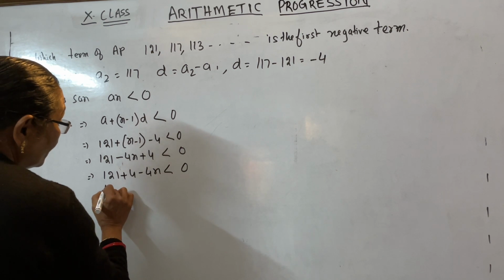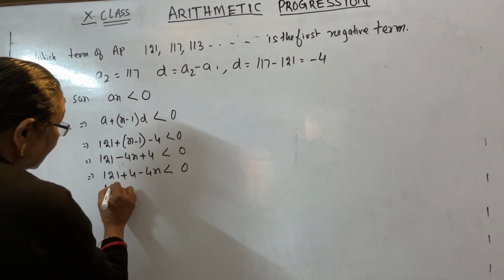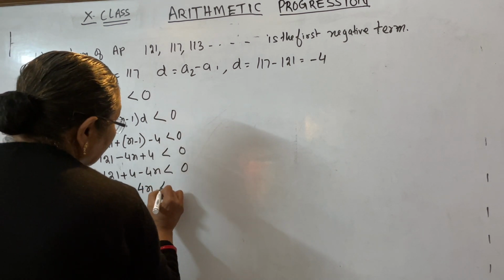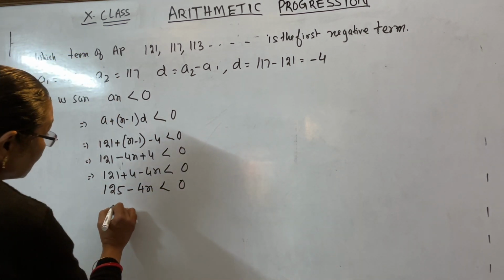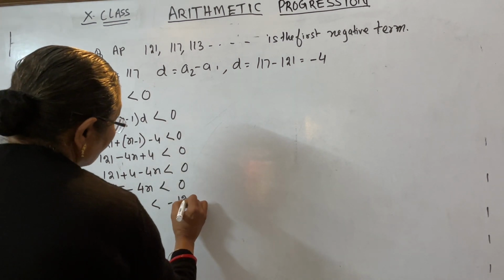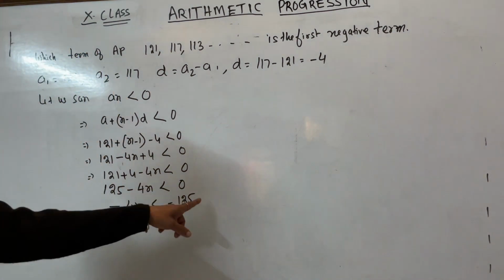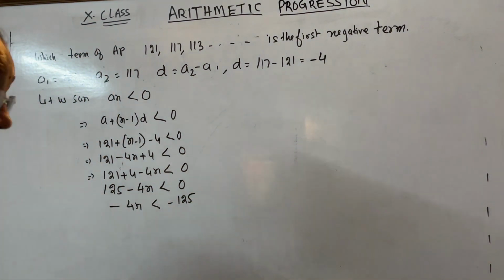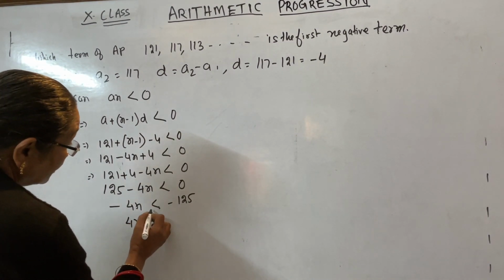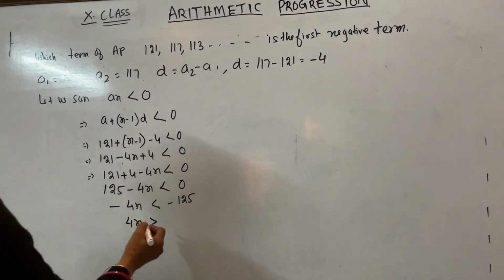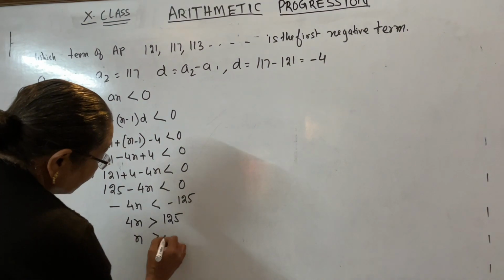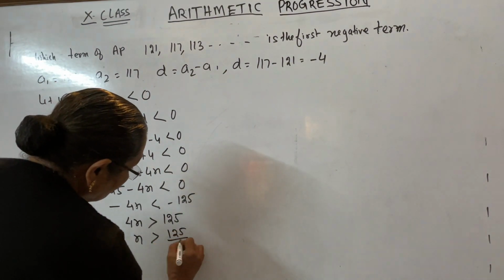That is 125 minus 4n less than 0. That is minus 4n is less than minus 125. Isn't it? This has come that side. When you multiply with minus, then what I mean? This one will change into like this. This 4n is greater than 125. So n is greater than 125 upon 4.